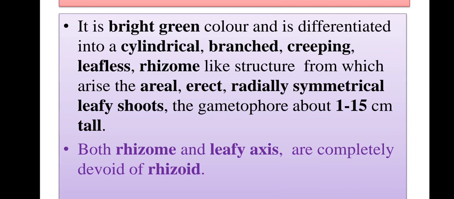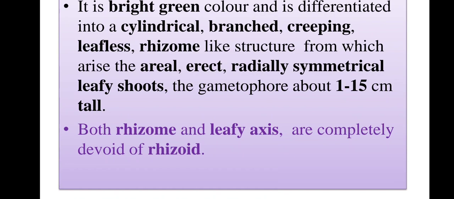From this rhizome-like structure arise the aerial, erect, radially symmetrical leafy shoots. The gametophore is about 1 to 15 centimeters tall, the height of the plant. Is that clear?